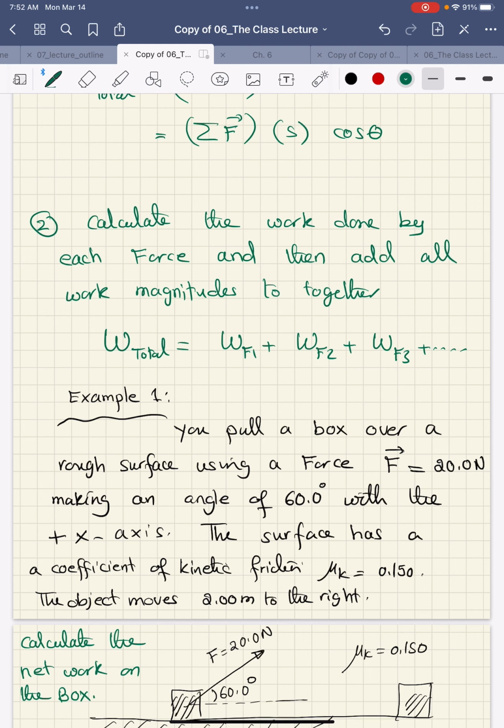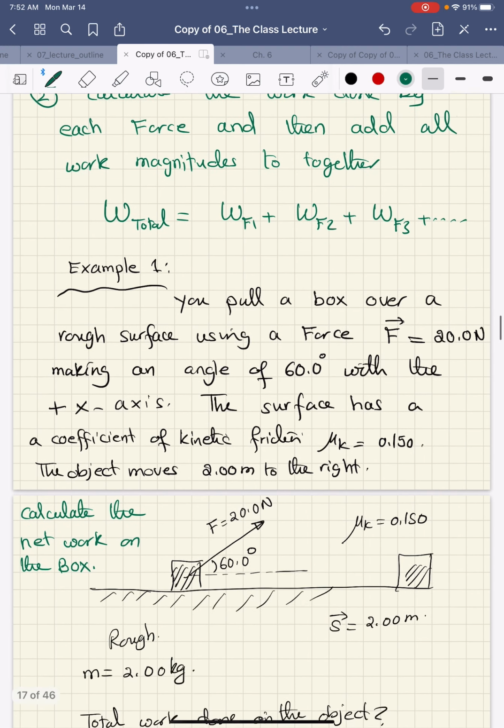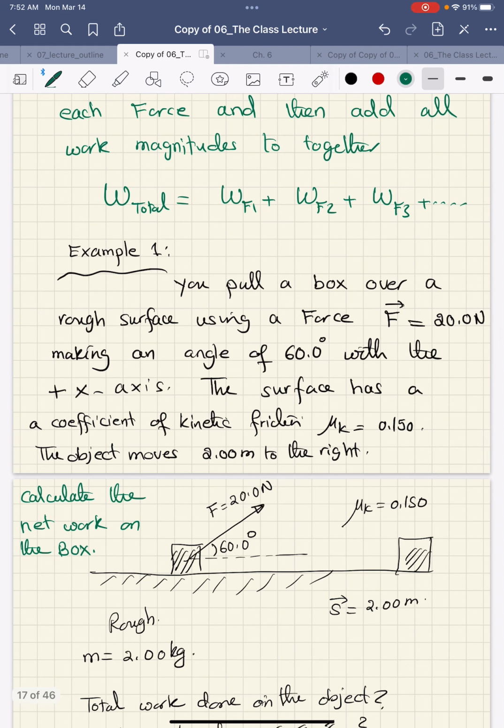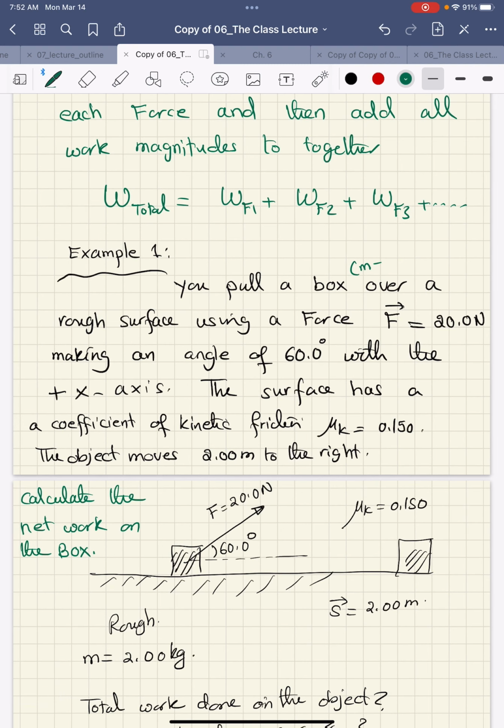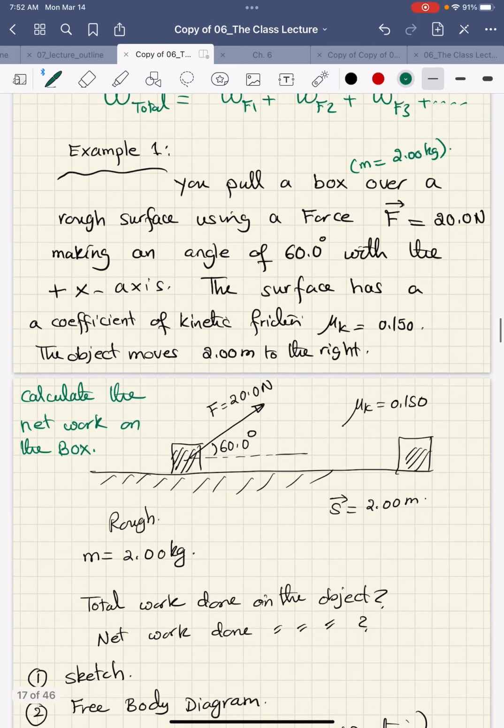Now, a sketch is always helpful. I know that this surface is rough. It has a mu k of 0.150, s is 2 meters, the force is 20 newtons making an angle of 60, and the mass was also given as 2 kilograms, because I need it for the calculation of friction.